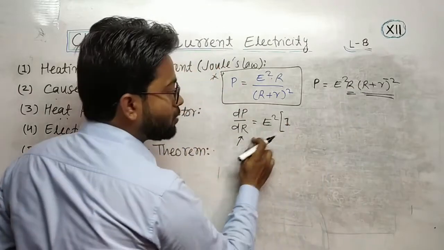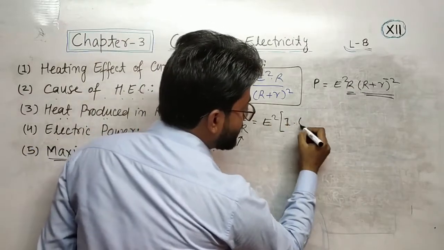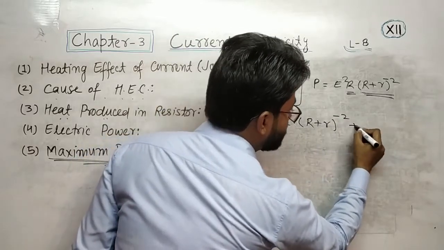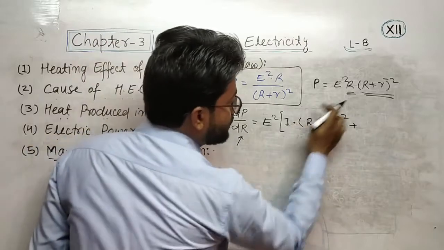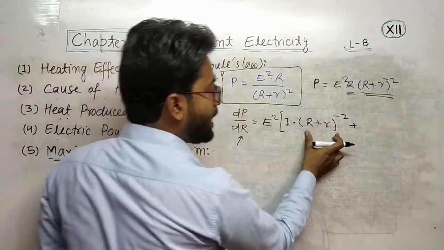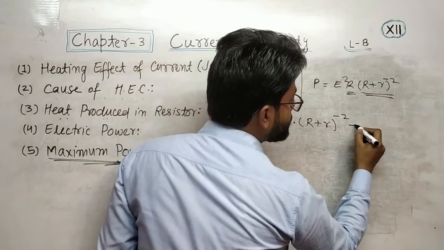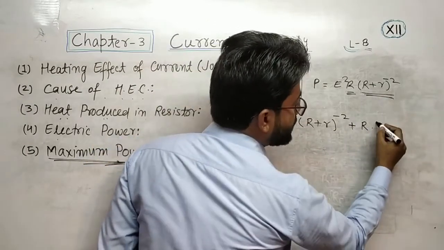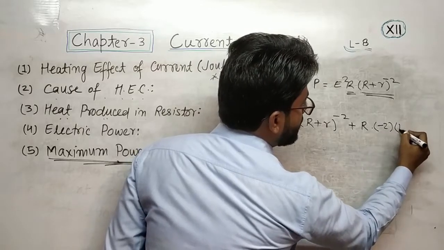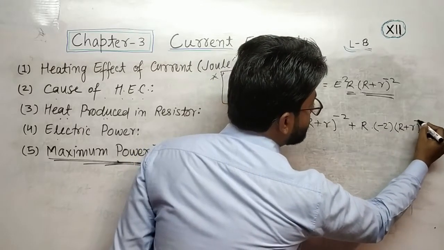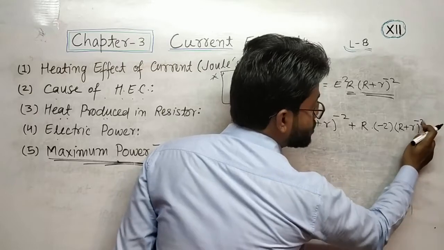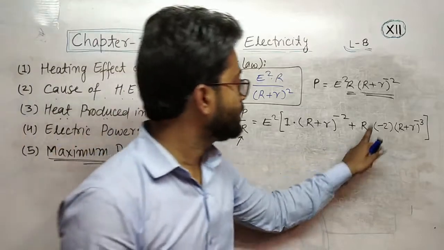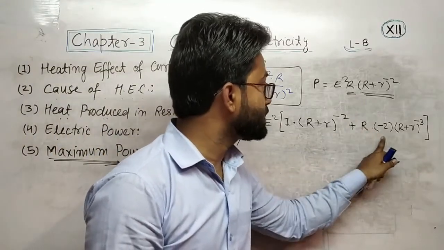Differentiation of R with respect to R will be 1, and second function you need to take as it is, plus first function as it is and differentiation of second function, that will be minus 2 (R plus r) to the power minus 3.